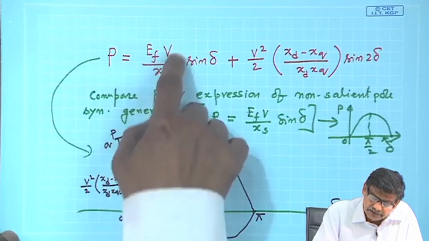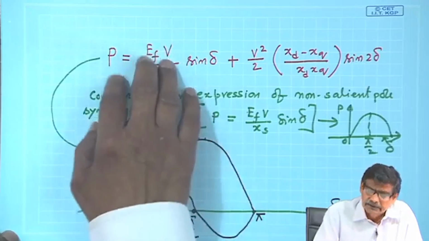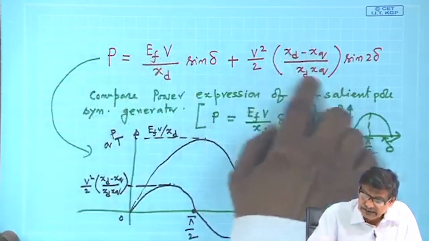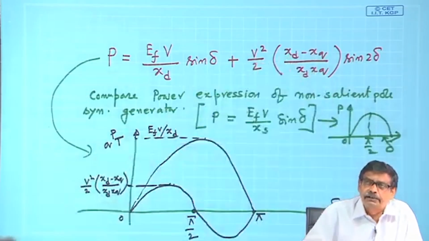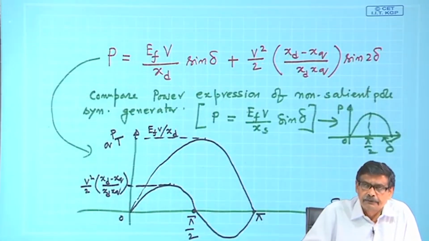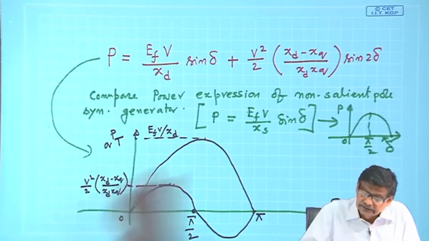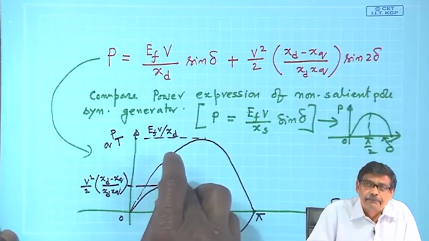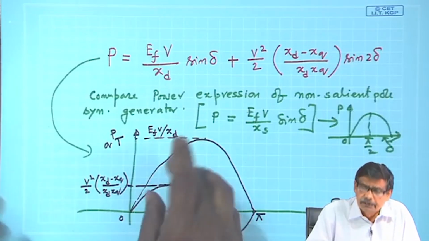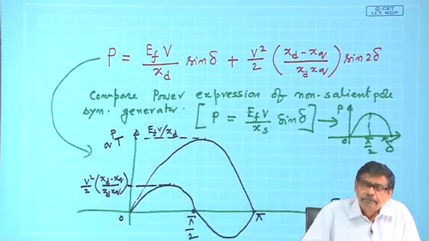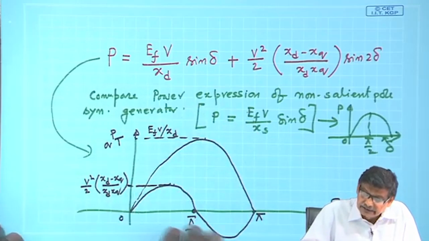Here also EF V by XD is a large number, but this factor is not so large a number, the difference of XD and XQ. That is, how salient the pole configuration is will decide what this peak value is. Maybe 10-15% of this, a little, but anyway this will be the thing.